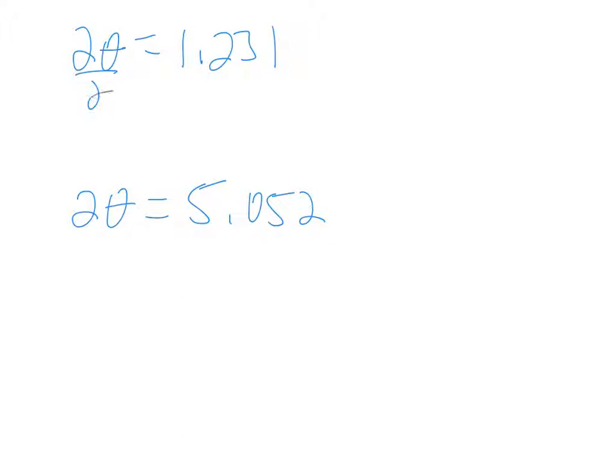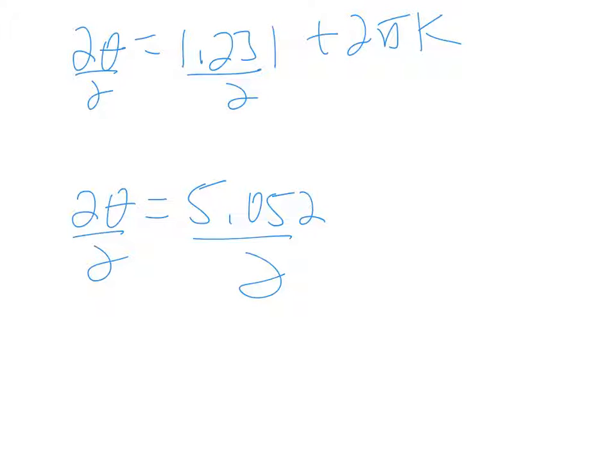So if I divide both sides of this by 2, as a matter of fact, why don't I add 2 pi k to this? Because there is a period change, and it might give us more solutions than just the 2. And do you remember why I have the 2 pi k? Because in order to get back to those solutions, I've got to go all the way around, one whole revolution.